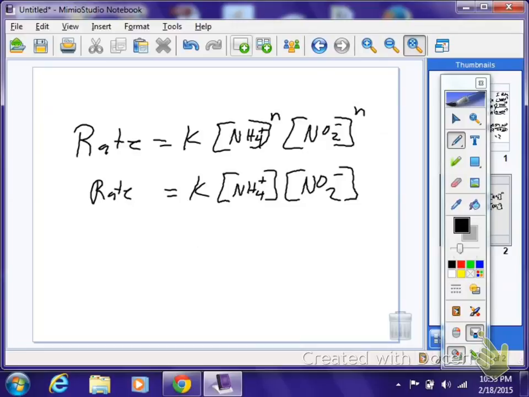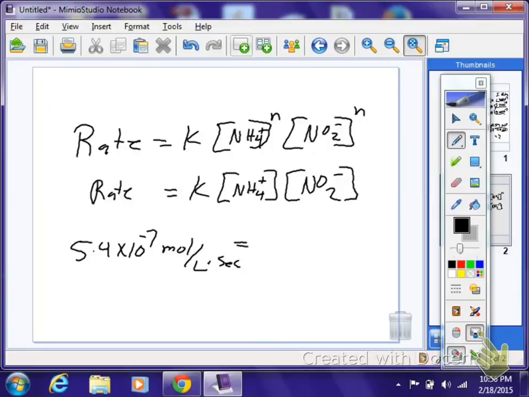So what you're going to do is put in the rate for experiment 3. And the rate was 5.4 times 10 to the minus 7 moles per liter times second. We'll want to write it like moles per liter instead of a capital M there. Okay?